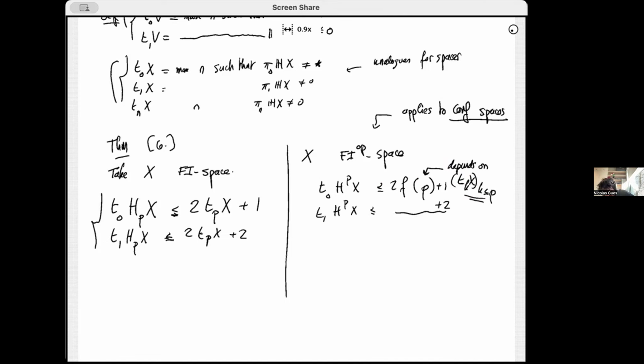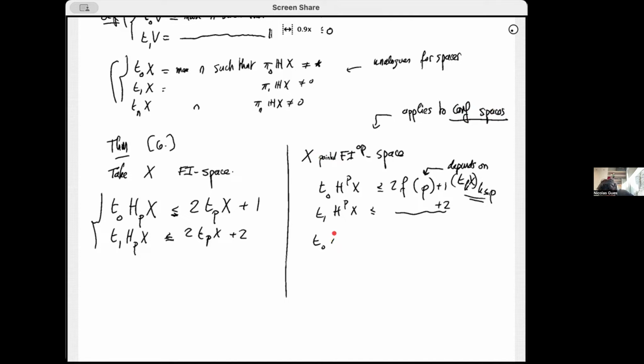And this time the simple thing is for homotopy groups. So as I need to have well-defined homotopy groups, let's say that X is a pointed FI up space, which in this case, it's a bit harder to make this work for configuration spaces because you have no canonical choice of base point, but let's put that under the carpet for now.